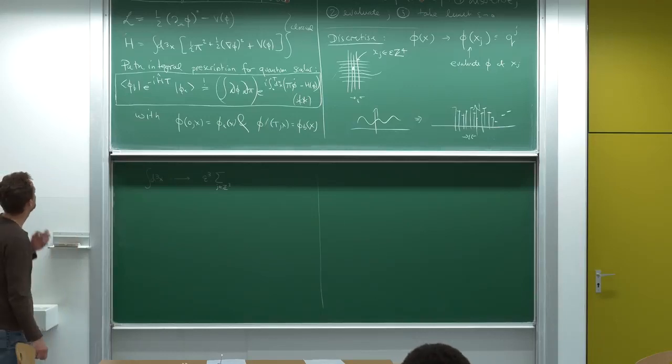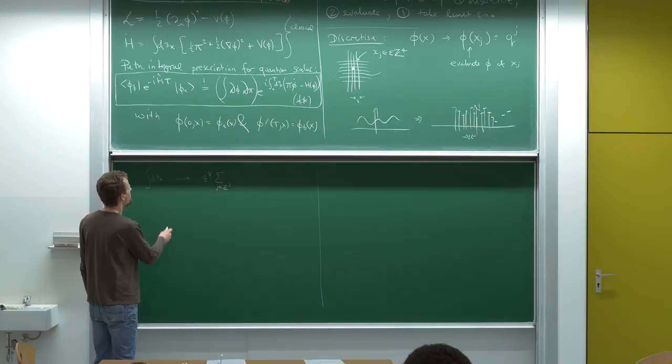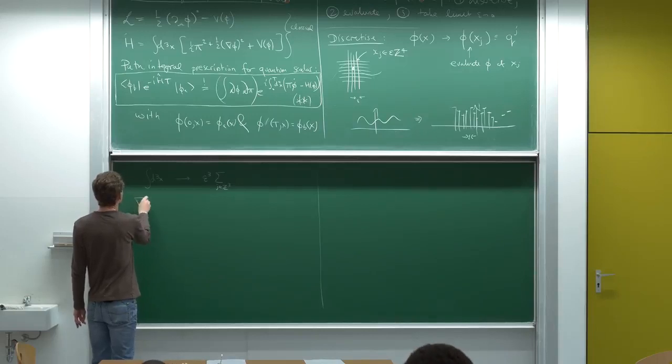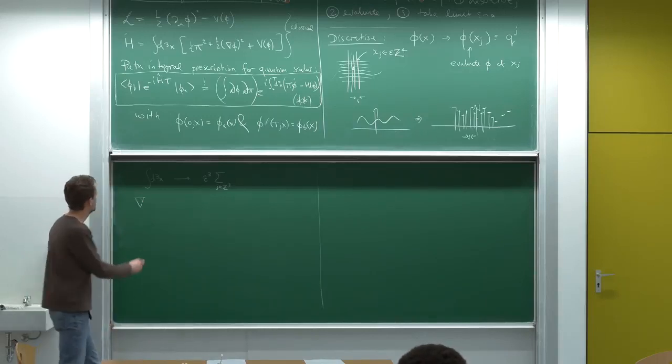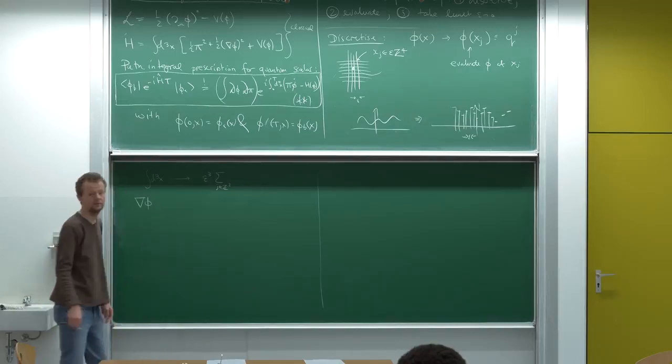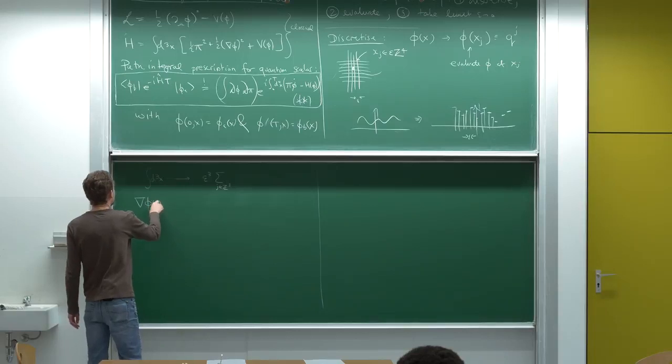Now what else do we have in that Hamiltonian up there? Yeah, we've got a derivative. So the derivative is a bit more annoying. We have to deal with that somehow. So we've got grad phi, evaluated at position x.